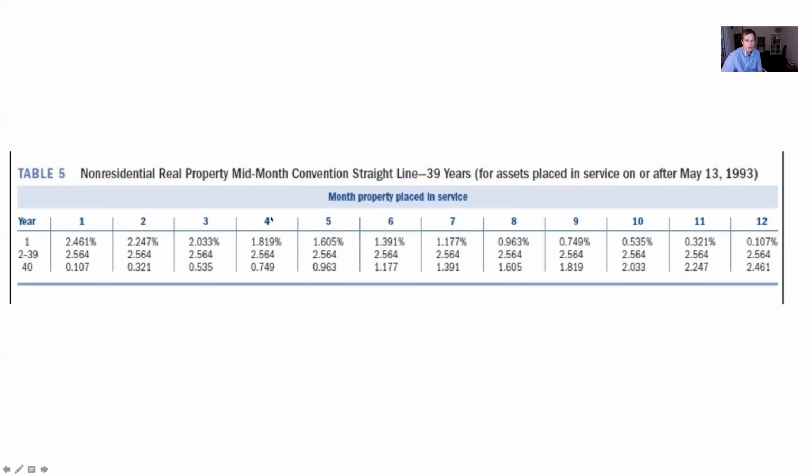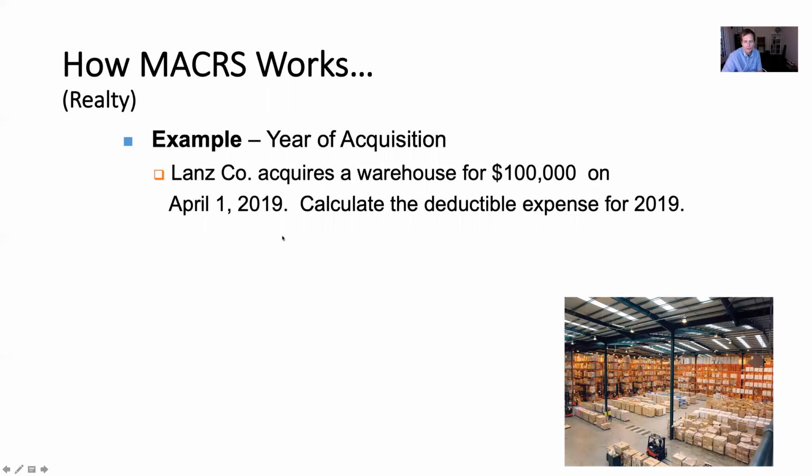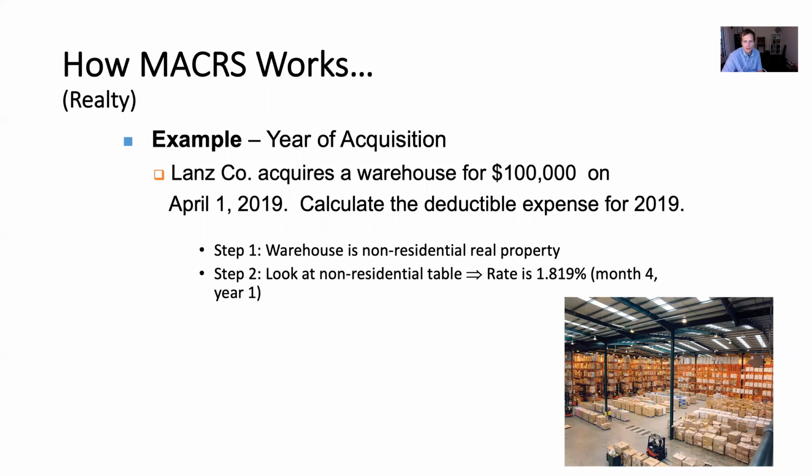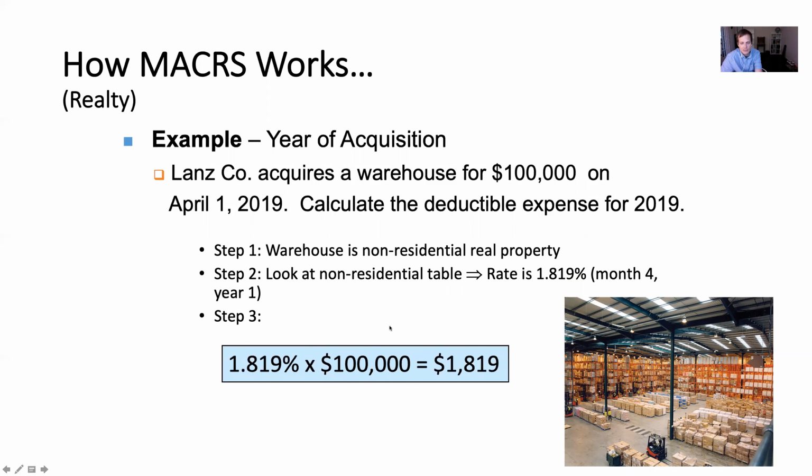So for April, the 4th month, we'll use 1.819% times the original basis of the warehouse of $100,000. And also, if it doesn't tell us about the land that it's on, we'll just assume this number is for the building. So $100,000 times 0.01819 gives us our depreciation deduction for the year.